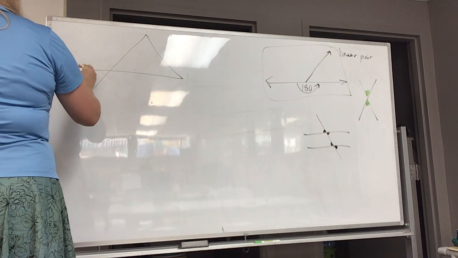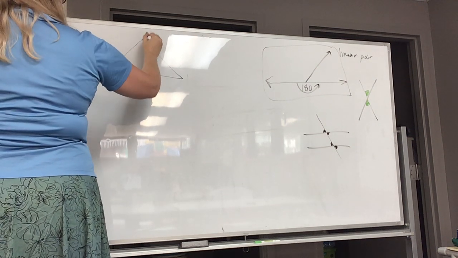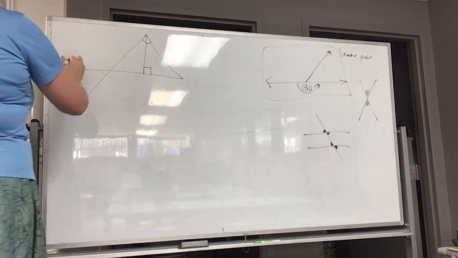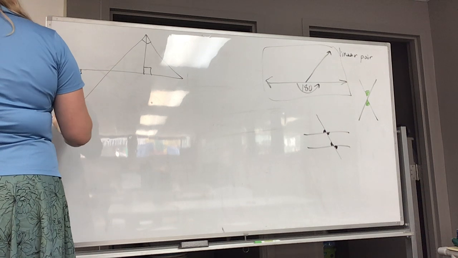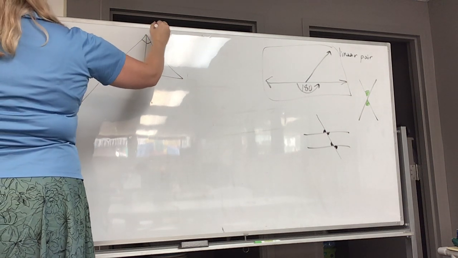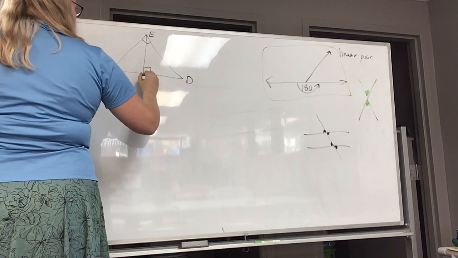We have a right angle here, we have a right angle here, and drop down, we have a right angle here. We have A, B, C, D, E, and F.